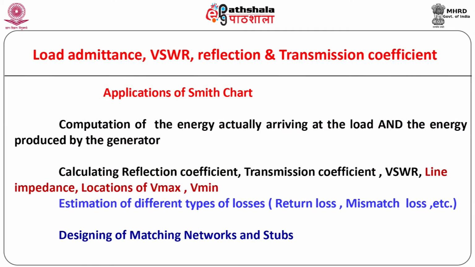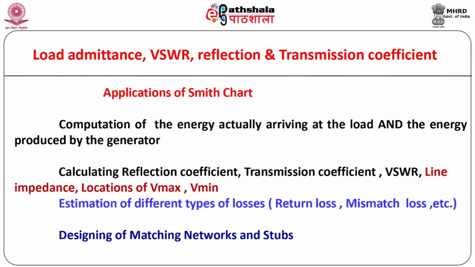There are a number of calculations that are useful while transmission of signal through a transmission line. Calculating the energy actually arriving at the load and the energy produced by the generator are of prime importance. Ideally, the load impedance should match with the characteristic impedance of the transmission line, so that all of the transmitted energy is available at the load.